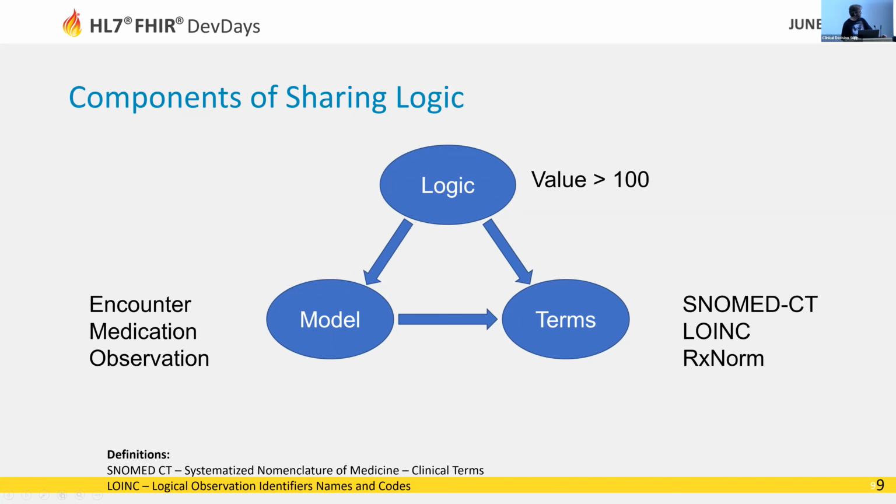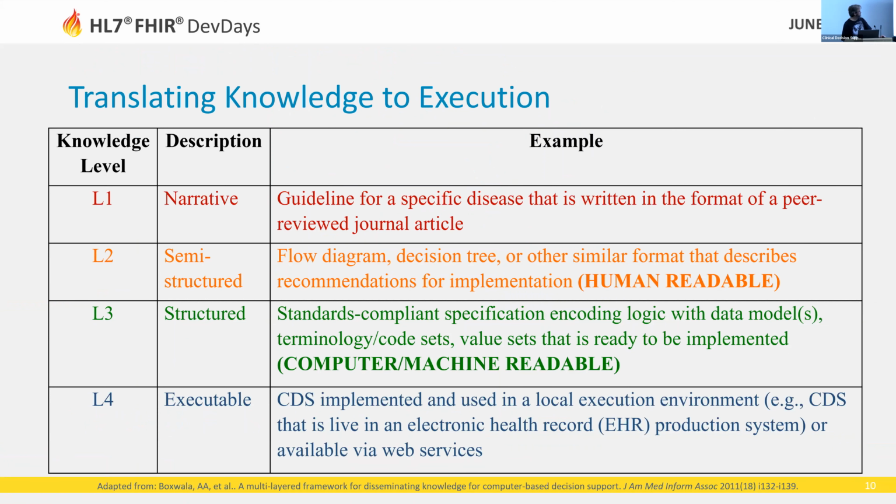As a pattern, another pattern that we use is these knowledge levels. When we talk about sharing knowledge, this is a framework for describing different levels of representation and how computable the knowledge that's represented there is. L1 says this is just narrative content.